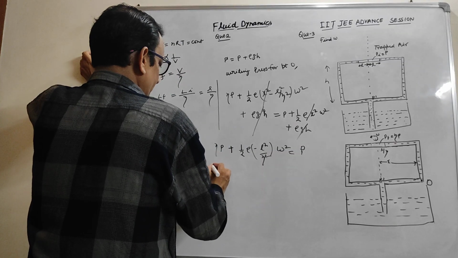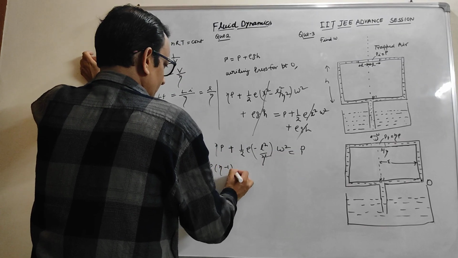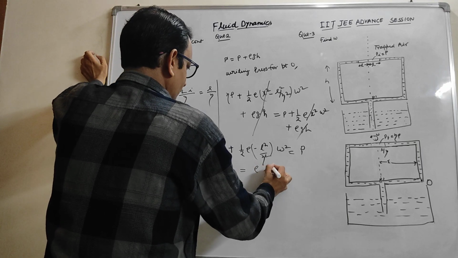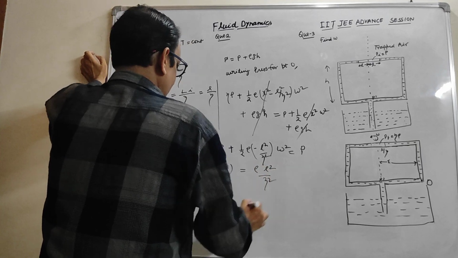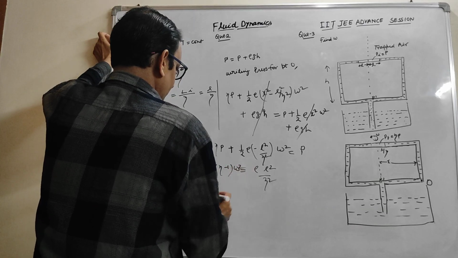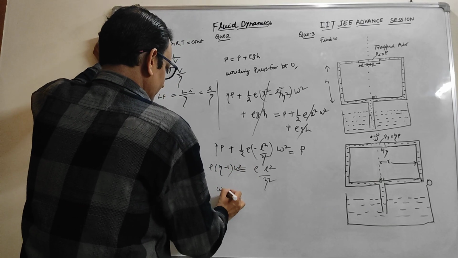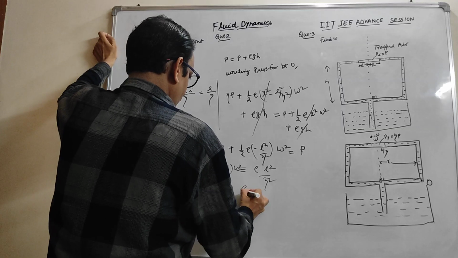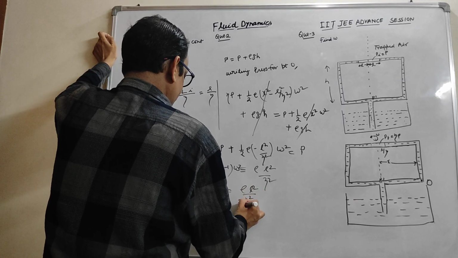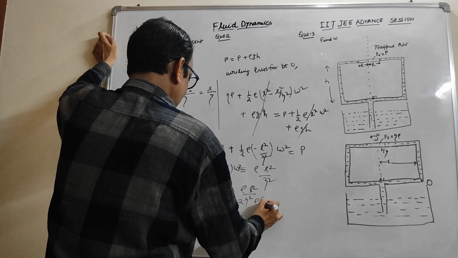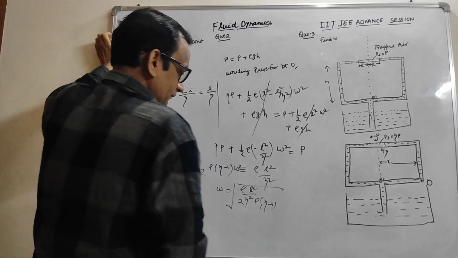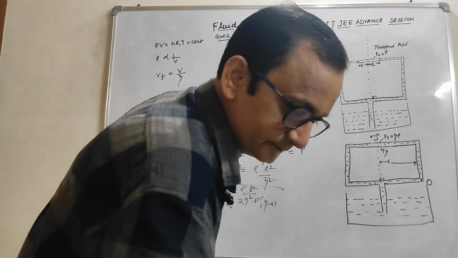So P (eta minus 1) becomes 2 times rho L square upon eta square, so this is omega square. So omega would be the square root of 2 P (eta minus 1) upon rho L square eta square. This is the answer.